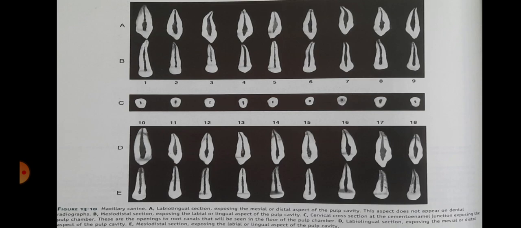The dimension and degree of taper of the pulp canal of the maxillary canine are very similar to those of the central and lateral incisors. However, the cuspid has a much longer root. The pulp cavity gently tapers from the incisal aspect to the apical foramen.